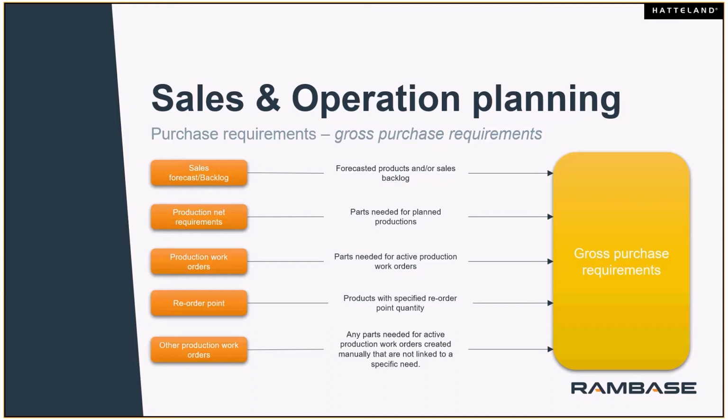Then all the components required to fulfill the demands from the production requirement plan and production work orders linked to any customer needs. Furthermore, you have products with the specified reorder point and other production work orders that are not linked to any customer needs.